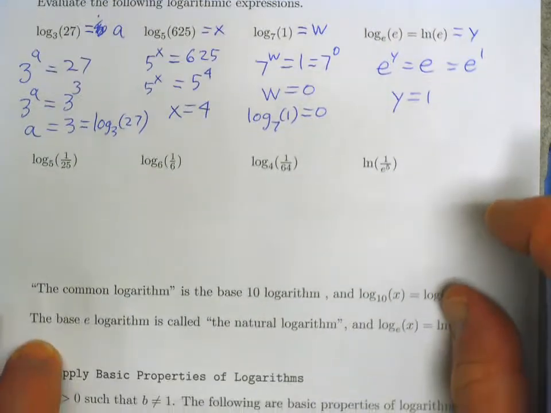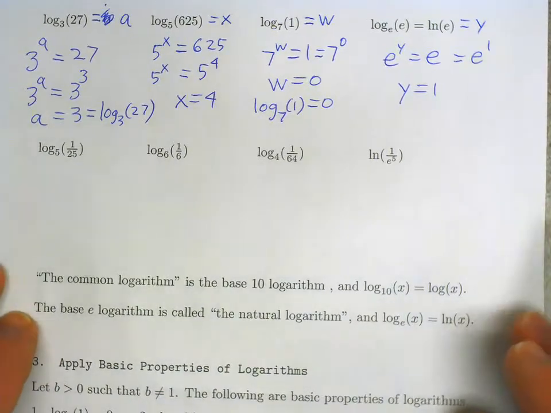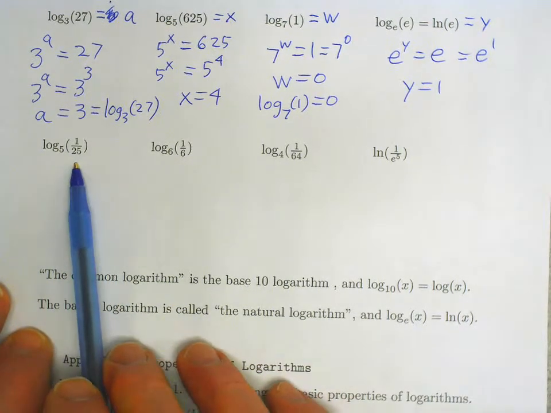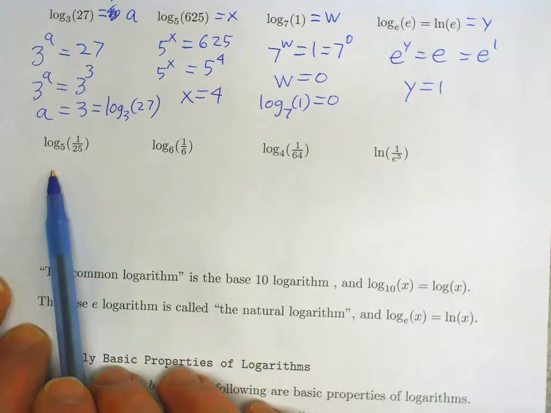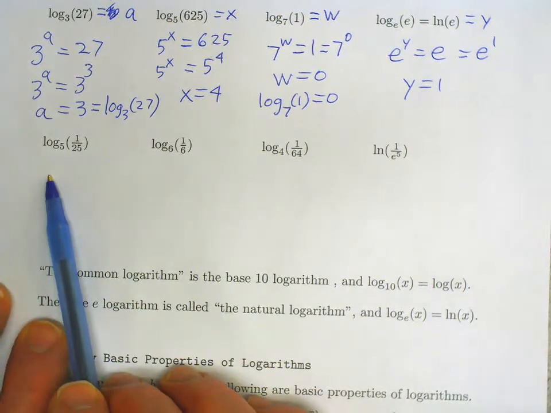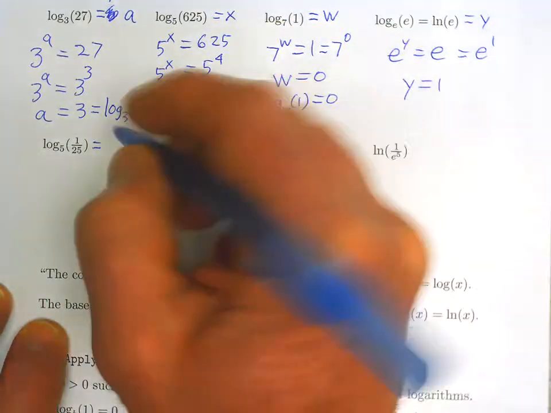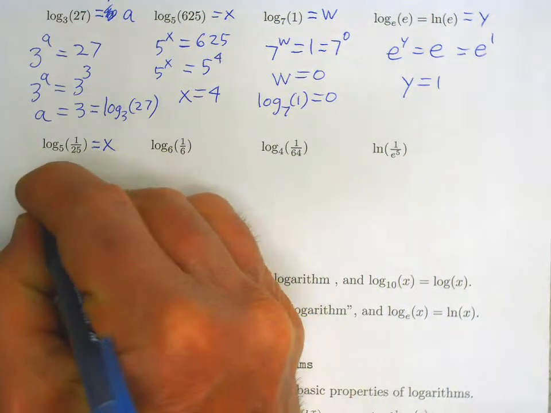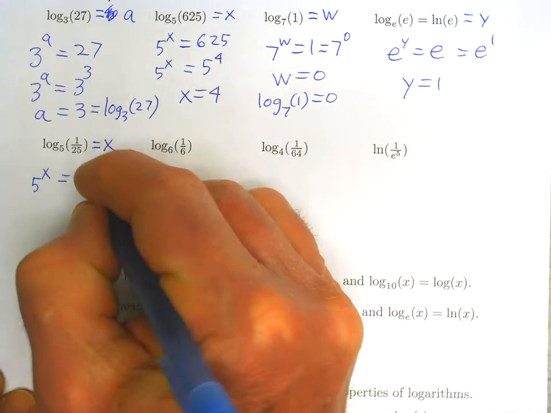Okay, the next ones, we're going to be doing the same sort of thing, only the arguments are fractions this time. So log base 5 of 1 over 25. So that's equal to something. Let's call it x. And then 5 to the x equals 1 over 25.